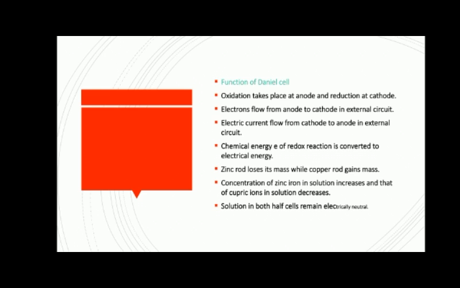Next, the zinc rod loses mass while the copper rod gains mass. Next, the concentration of zinc ions in solution increases and that of cupric ions in solution decreases. And the last one is that the solution in both half cells remains electrically neutral.